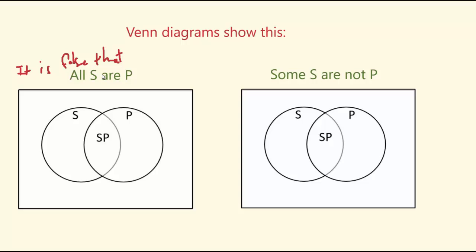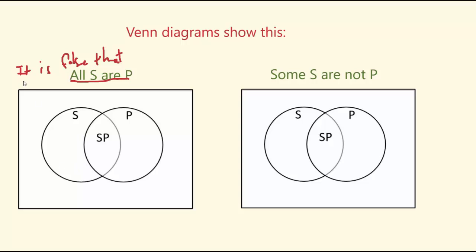And then what we get instead of contradictories is logically equivalent propositions. Because when we say it is false that all S are P, we first think about how we would diagram all S are P. And as we said, we would shade out area 2.